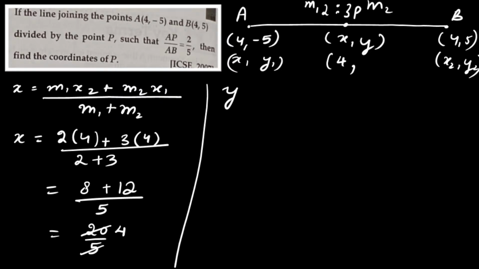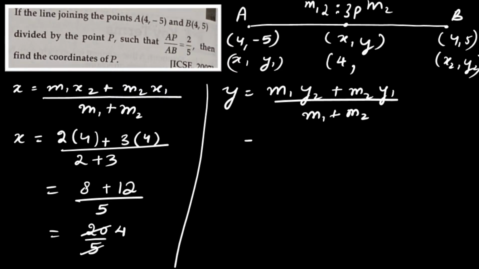That means it's correct. Now we'll use the formula for y. Always write the formulas as well. y is equal to m1 y2 plus m2 y1 by m1 plus m2. We substitute: m1 is 2, y2 is 5, plus m2 is 3, y1 is minus 5, by 2 plus 3.